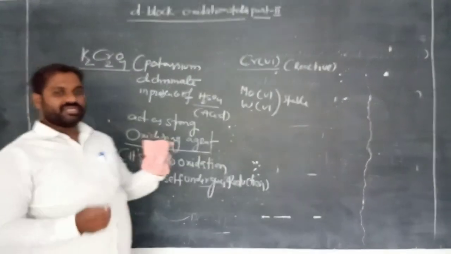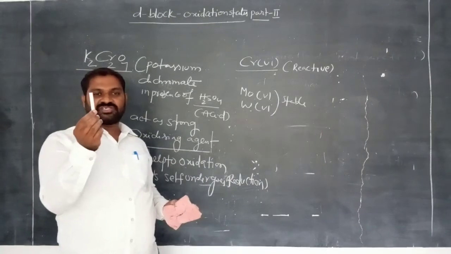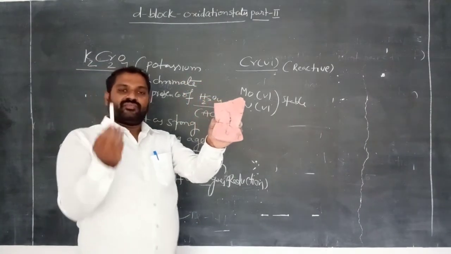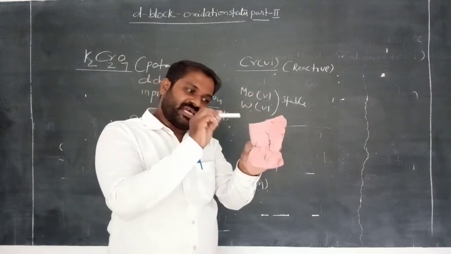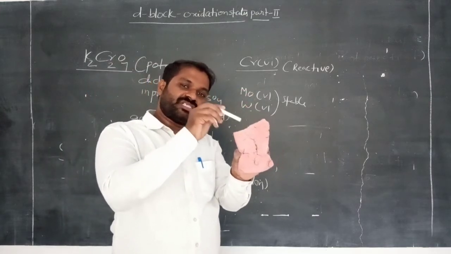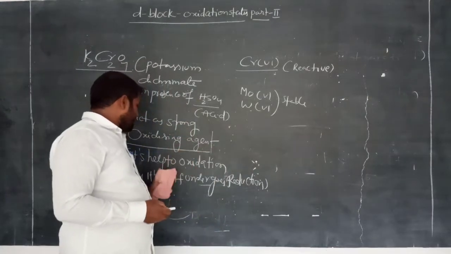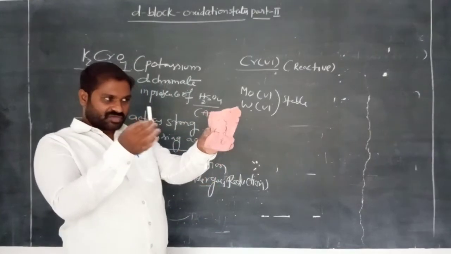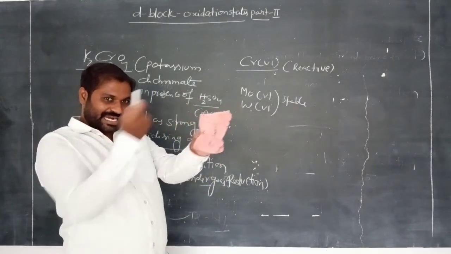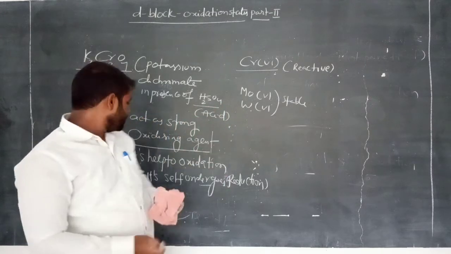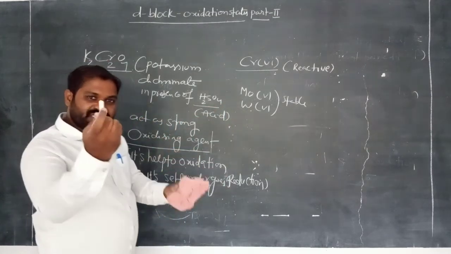This is K2Cr2O7, potassium dichromate. It attracts electrons from the other compound; it gains the electron, so it undergoes reduction.